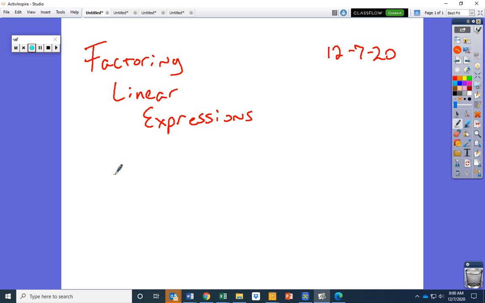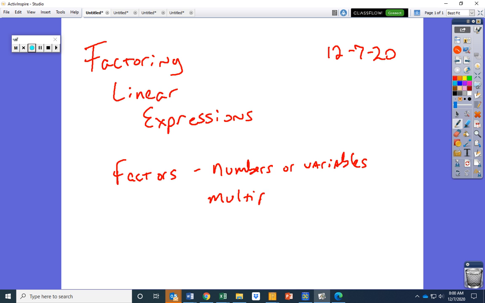So factors basically are numbers. They can also be variables that we multiply to get a product. Okay, good.